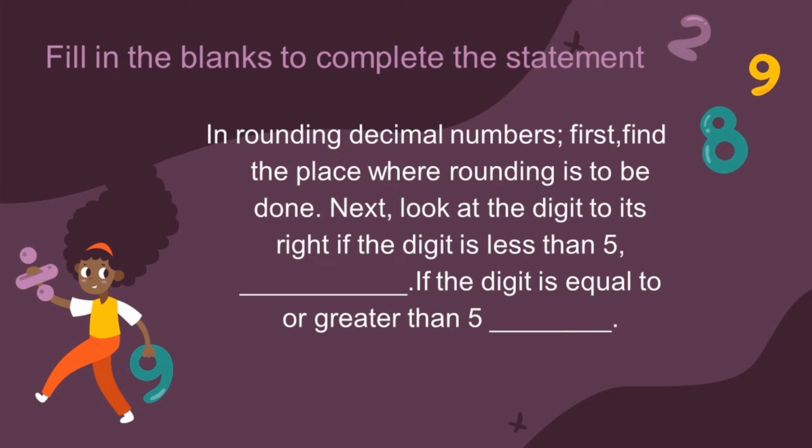Write your answer. Okay, if the digit is less than 5, what are we going to do? Very good, we round down. If the digit is equal to or greater than 5, we round up. Okay, very good.